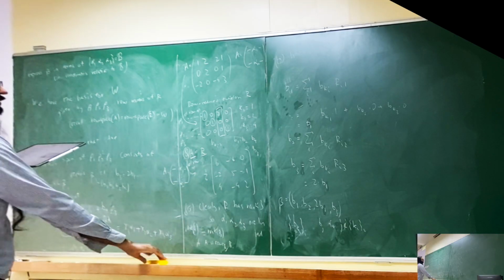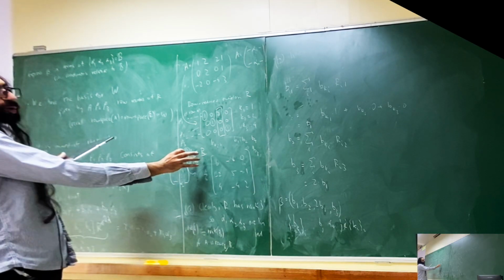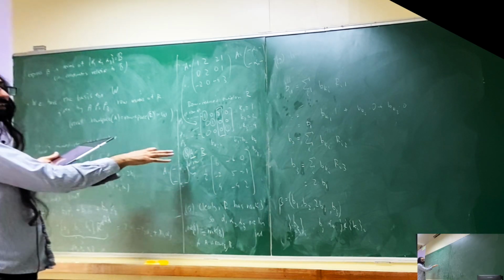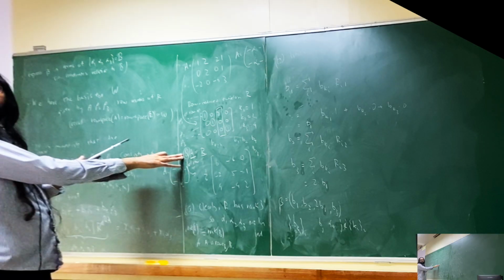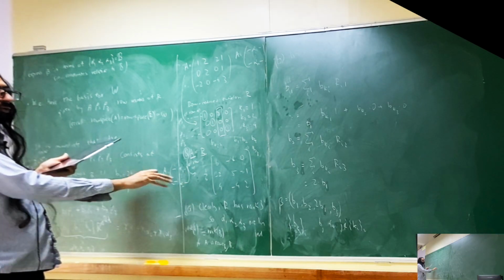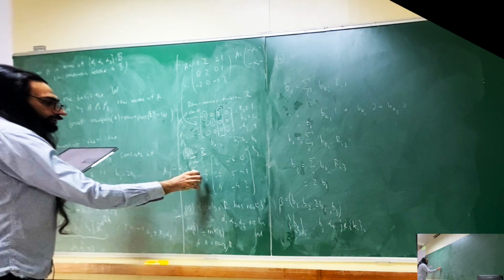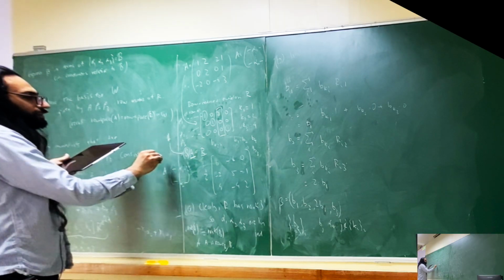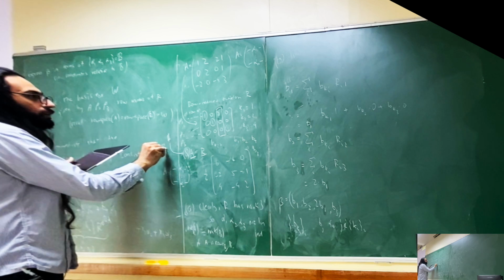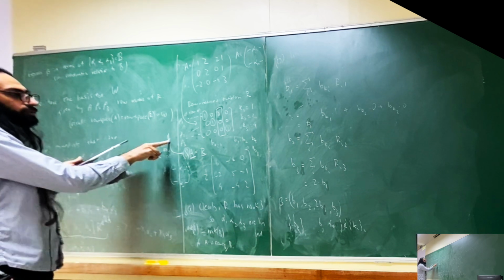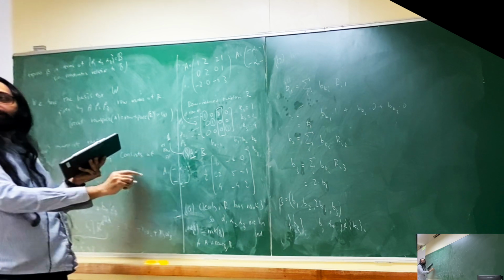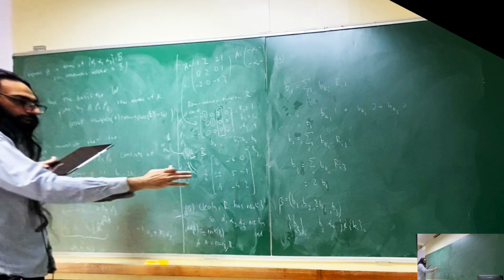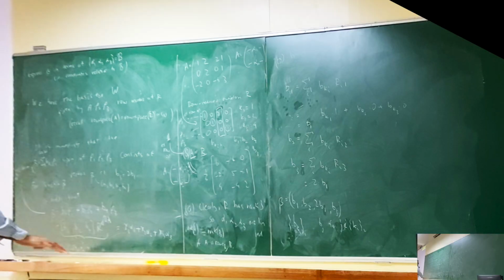Remember the matrix Q is exactly the same operations that we applied to convert A to row reduced echelon form; we apply those same operations on the identity. If you apply the same operations on the identity, you will get the matrix Q. So now we just have to multiply this matrix Q with these b's.